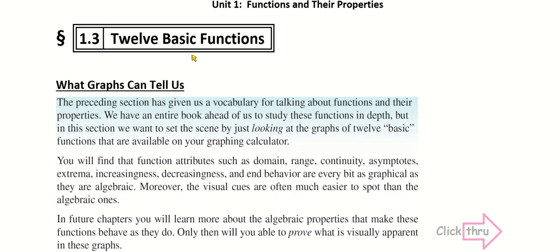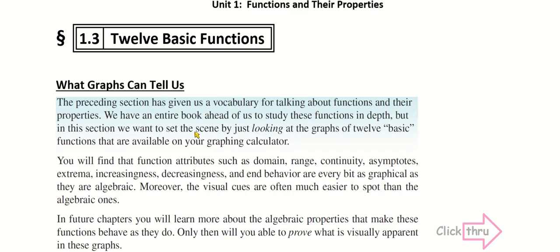So this is going to be a challenging section in that way, but overall I would say not very challenging. It's not going to hold that much weight for us here in Unit 1, because again, we're going to be studying these more in depth later on.